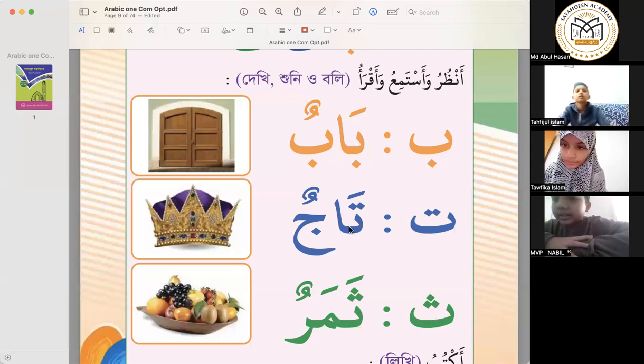Ta is long. هذا تاج. This is a crown. ما هذا. What's this? هذا ثمر. This is fruit.